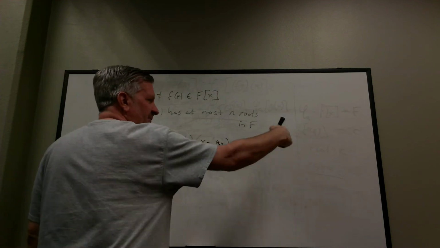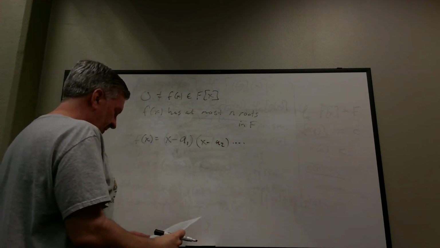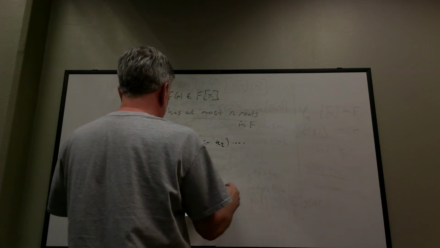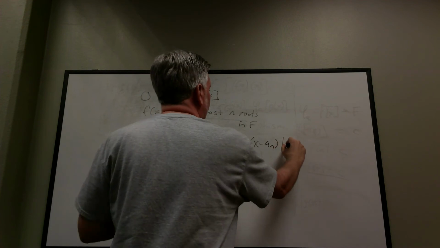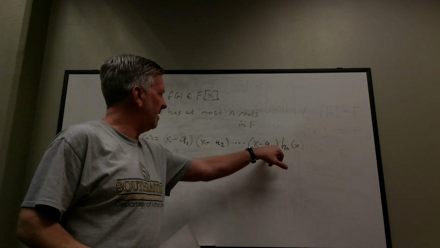Whenever you factor, you keep finding roots until you factor it down to something of the form: suppose you can get it down to (x minus a1) through (x minus an) times some hn(x). So this n is just referring to how many roots we found.